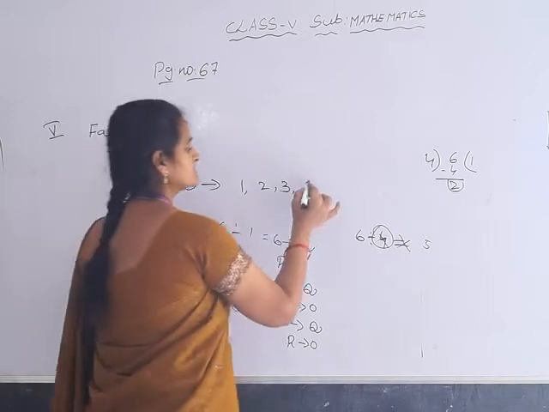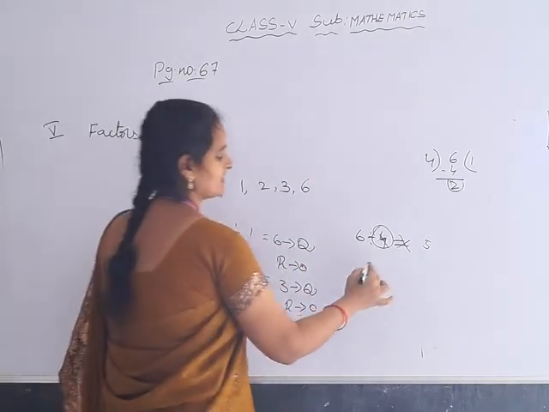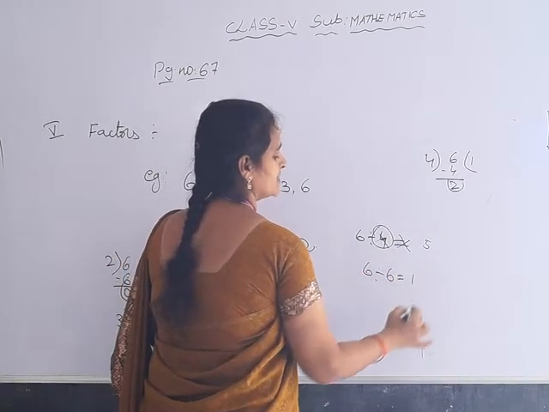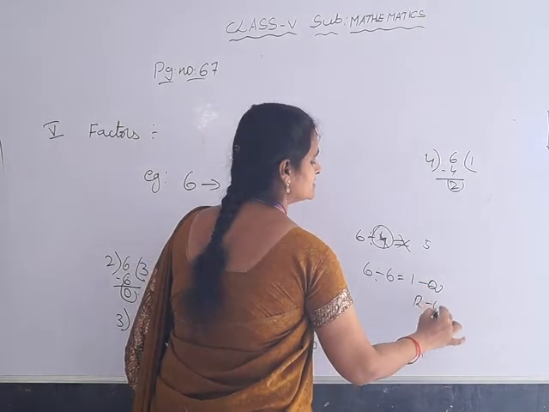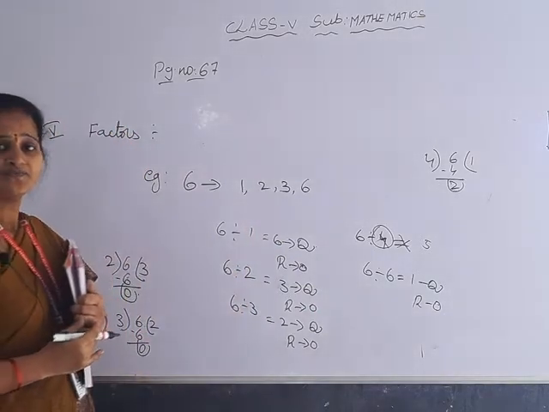Now take 6. 6 divides 6 completely one time, with remainder 0. So 6 is also a factor of 6.